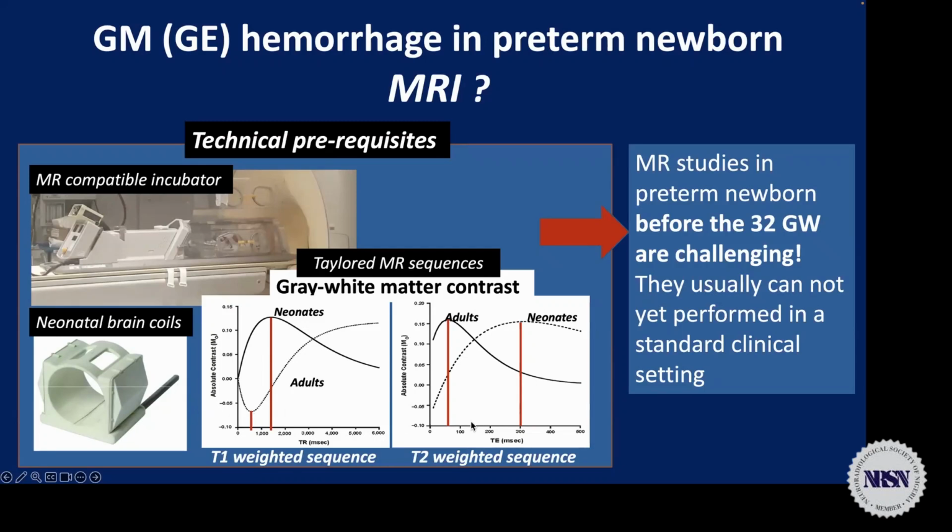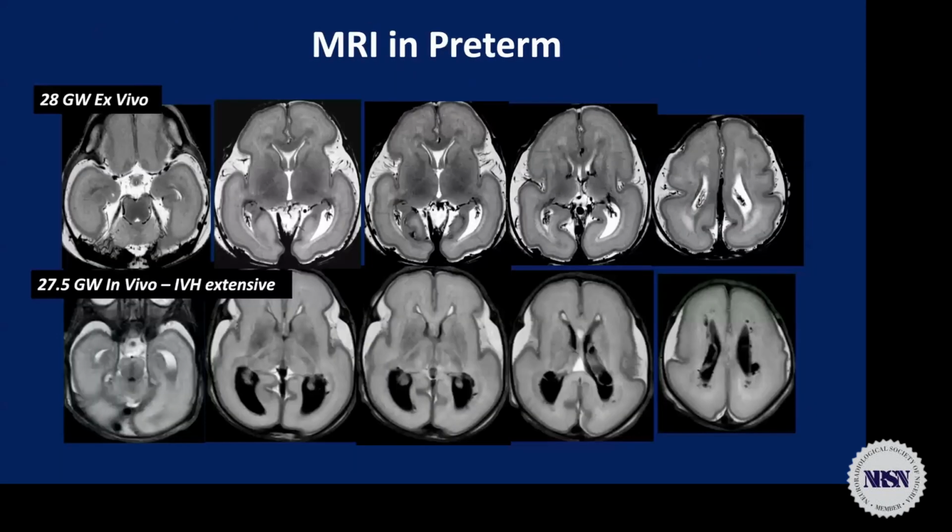Of course, as I said previously, we must have some tailored MR sequences. So we usually do not perform this kind of study in a standard clinical setting, but more precisely as research studies. And what can we learn from this study?